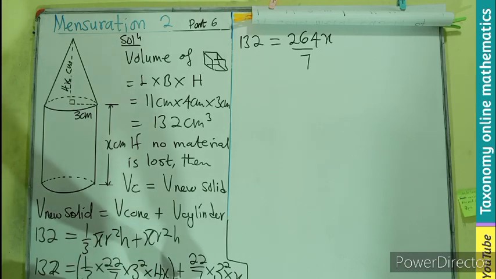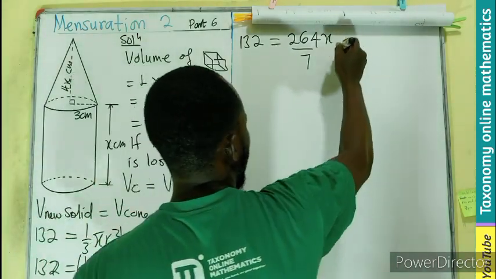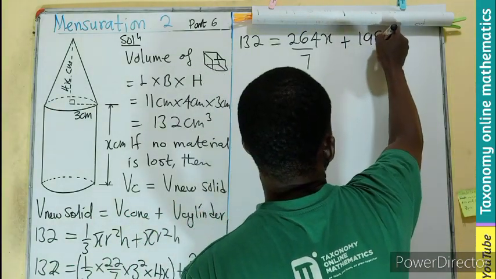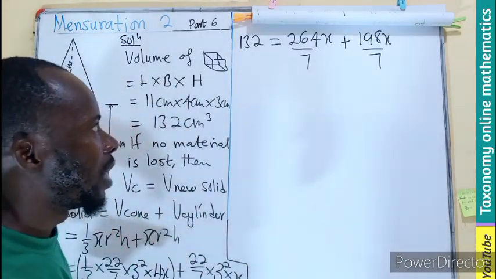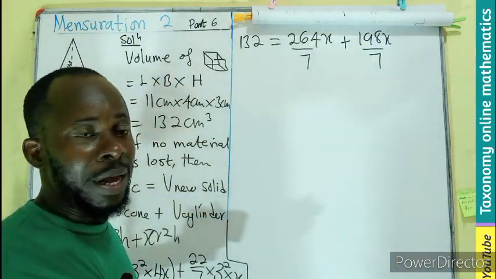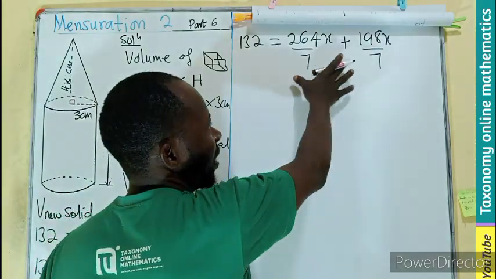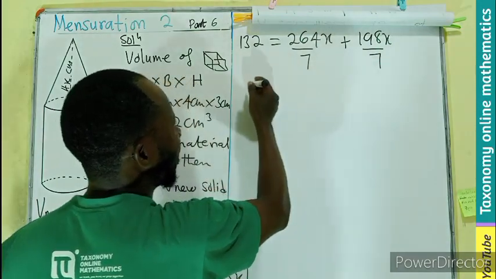Then plus 22 times 9, and that will also give us 198x divided by 7. Here we can decide to multiply through by 7, which is the LCM, or we solve this as like fractions, adding the numerators.